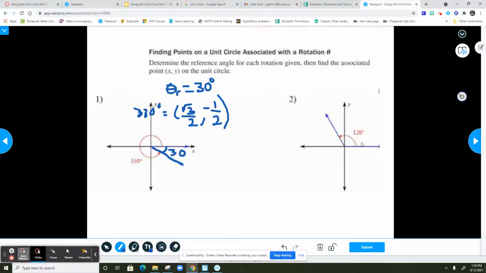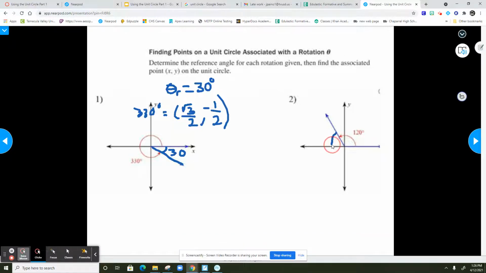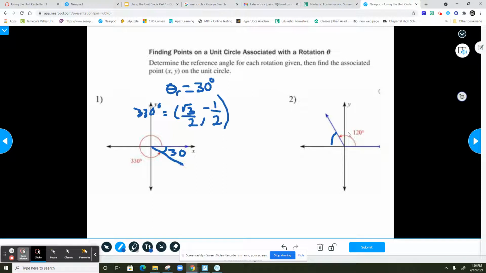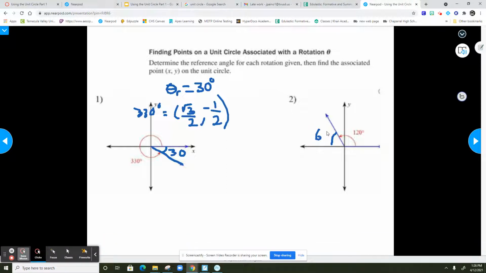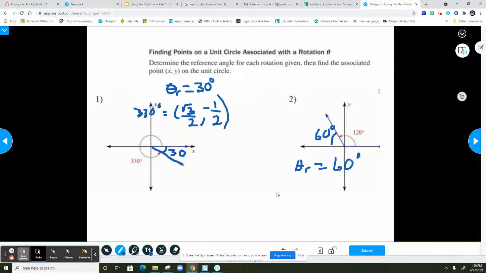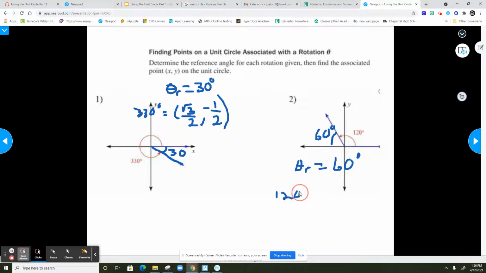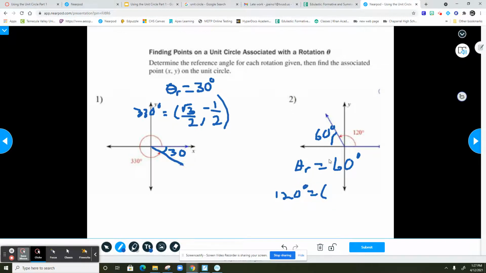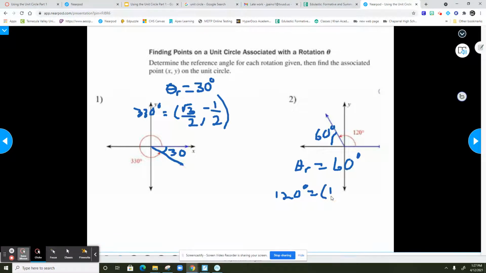Really fast, let's do 120. Again, what they want to know is what is this angle right here? It has to add up to 180, so that's 60. The reference angle is 60 degrees. But we want to know the x and y coordinate of 120 degrees. If it was just 60 degrees, it's 1/2 and root 3 over 2.